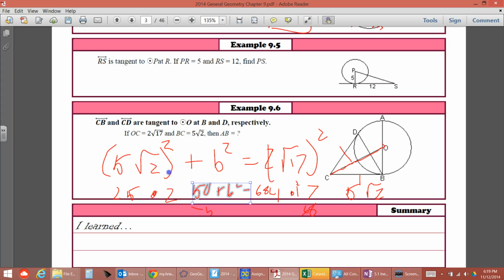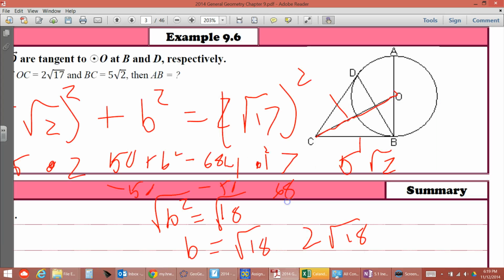Well, now I got to subtract 50 from both sides. That gives me, that's not a b, that's a d. Let's go with b squared is equal to 68 minus 50, which gives me 18. I square root both sides, and I get b equals square root 18. Now, if I double that, then I end up with 2 root 18.